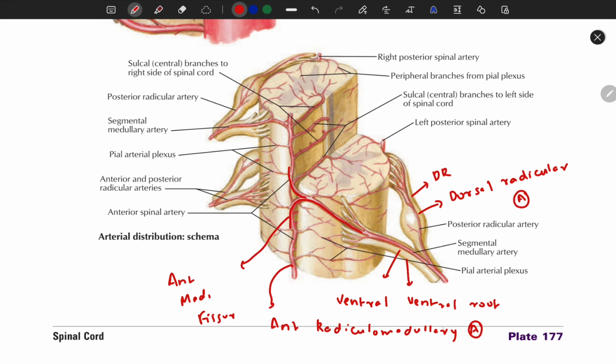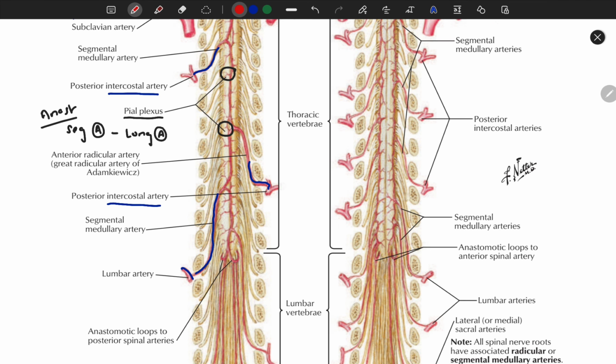Anterior radiculomedullary artery. Another one of the most important points is the artery of Adamkiewicz. It is the largest anterior radiculomedullary artery.